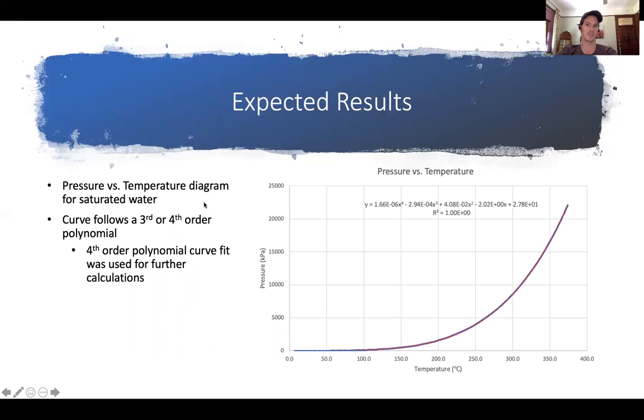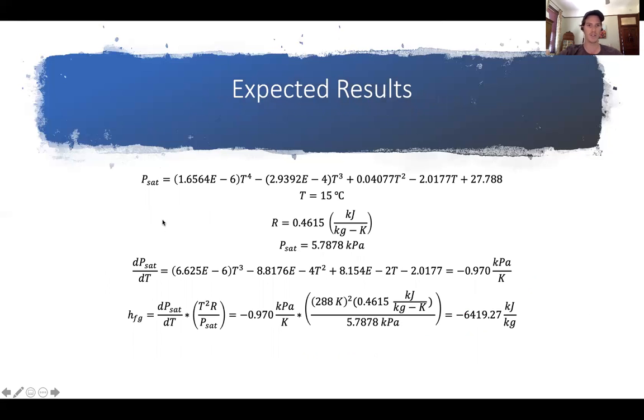Expected results: this is a pressure versus temperature diagram pulled from the steam tables in the back of our thermo book. You can see it follows a 3rd or 4th order polynomial fit. We use a 4th order fit for further calculations. So this is our fourth order fit equation as seen on the previous slide.